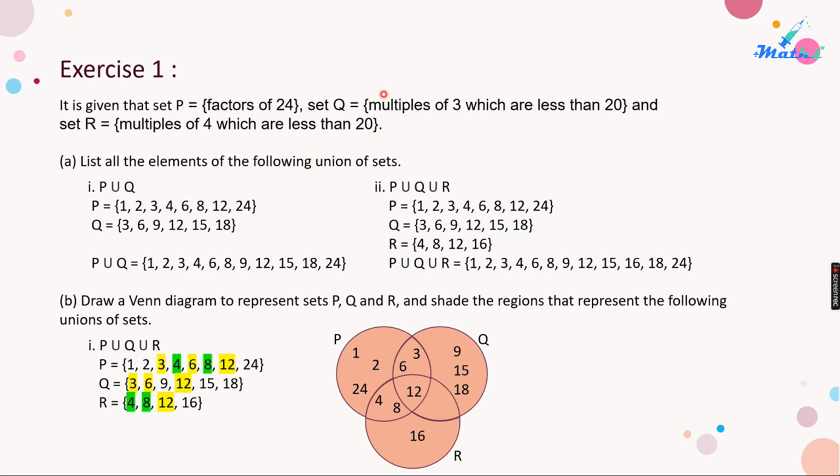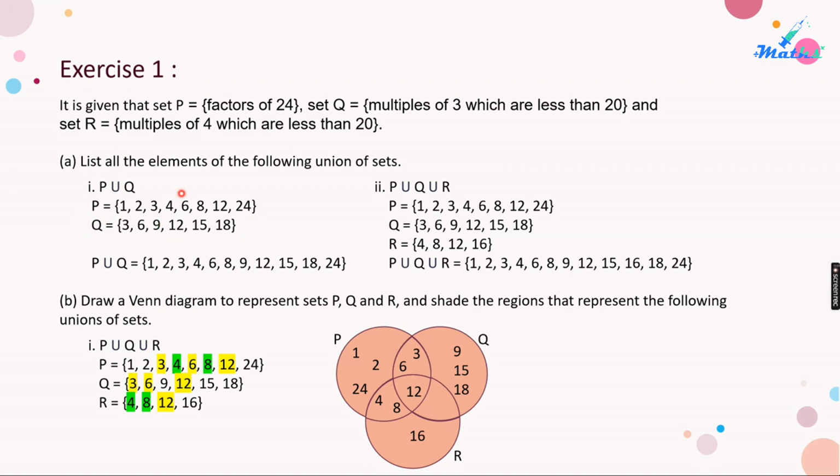Set Q is multiples of 3 which are less than 20, so we get 3, 6, 9, 12, 15, and 18. So P U Q equals 1, 2, 3, 4, 6, 8, 9, 12, 15, 18, and 24.